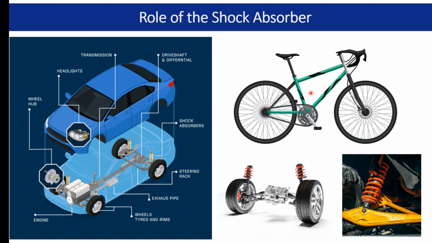As you all know, when a vehicle moves on a very irregular or rough surface, definitely more mechanical damage can happen. This is the part of the vehicle which prevents such damage and keeps your vehicle moving smoothly on those irregular surfaces.